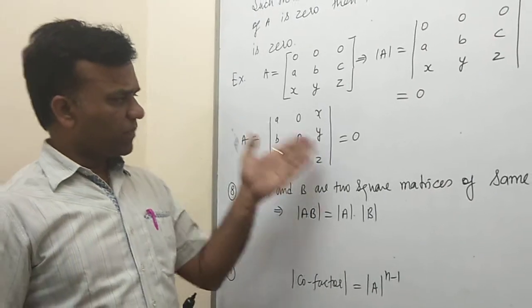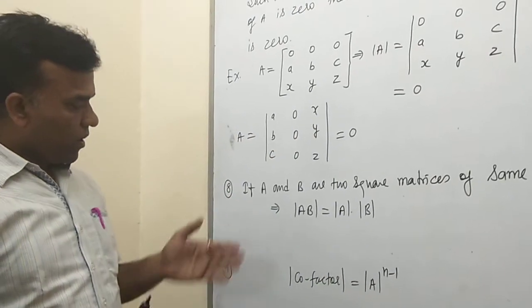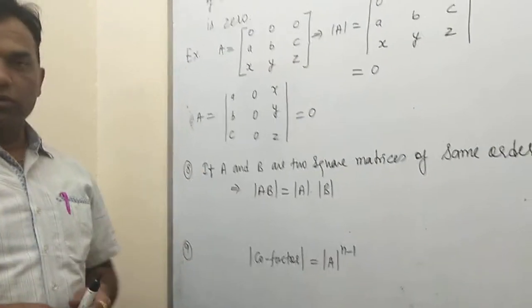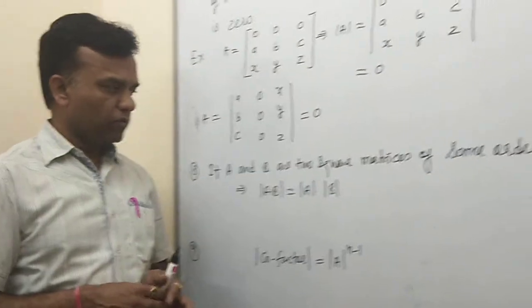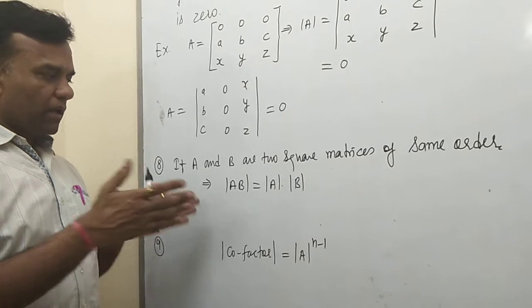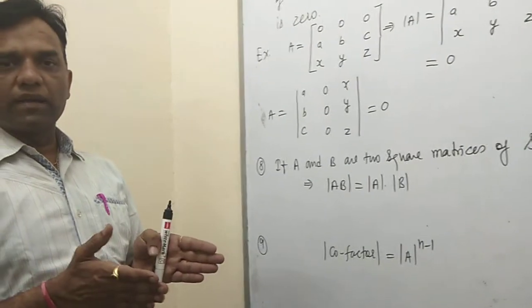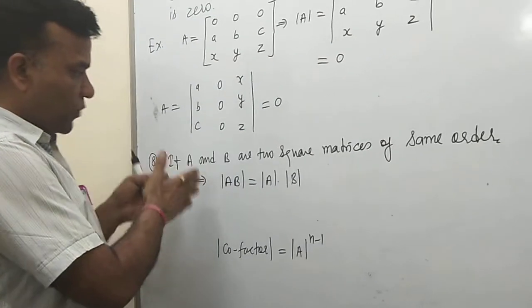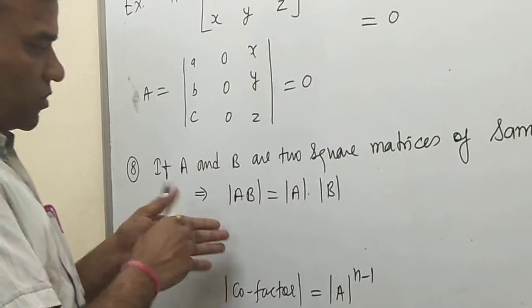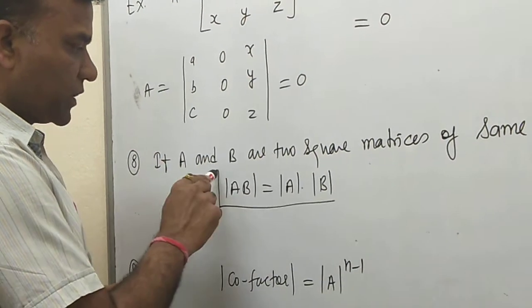Maybe after simplifying you check if it is possible. Okay, and then there is a formula you use. Suppose you have two matrices A and B. If you multiply them and then find the determinant, or otherwise find the determinants separately, you use this formula and verify the question.